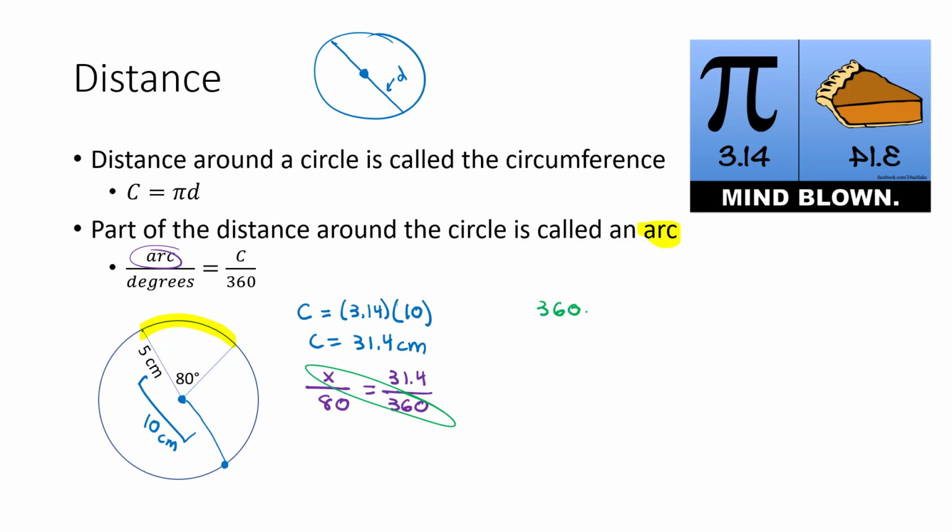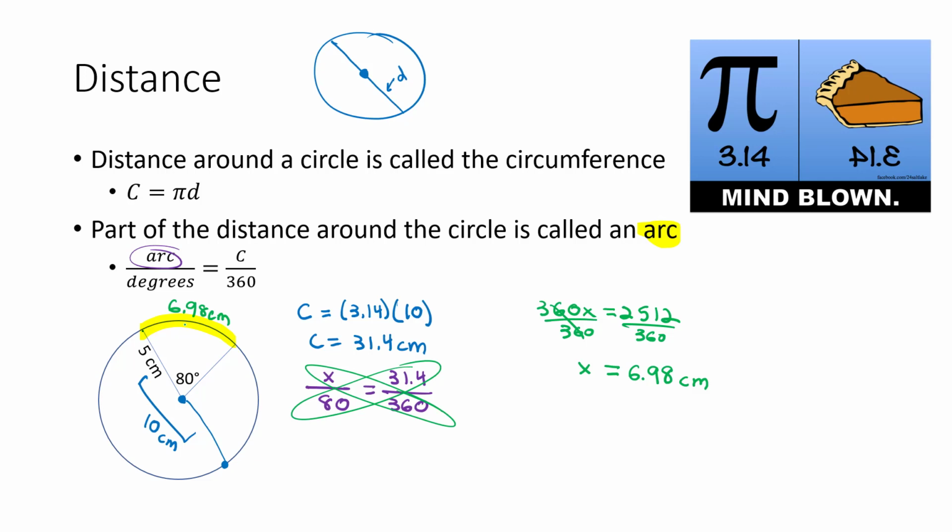So we have 360 times x equals 31.4 times 80, which is 2,512. To get the x alone, we divide both sides by 360. And x, the arc length, off my calculator, is 6.98 centimeters. So almost 7 centimeters, 6.98 centimeters on that arc distance.